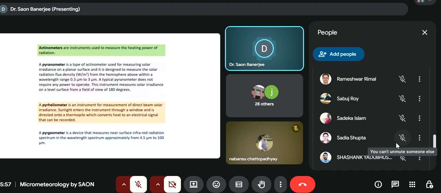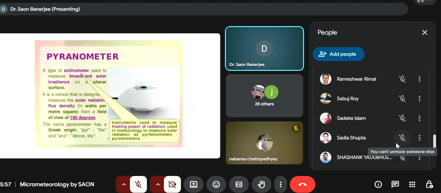Now there are other instruments. The pyranometer is a very important instrument, which is used for solar irradiance. Pyrheliometer is for the direct solar radiation. Pyrgeometer is for the infrared radiation. So these instruments are very important for use.